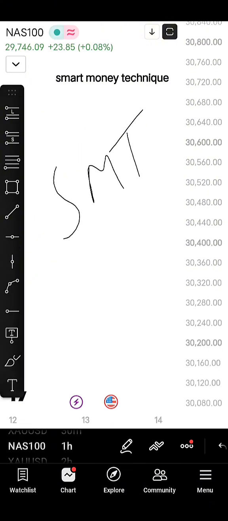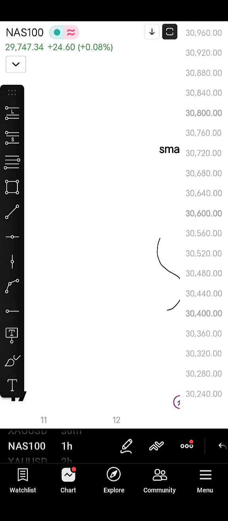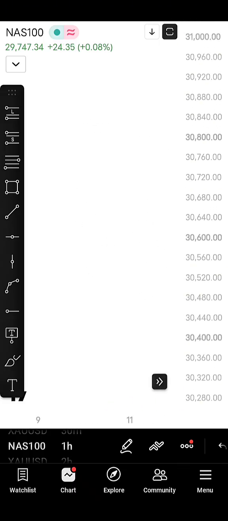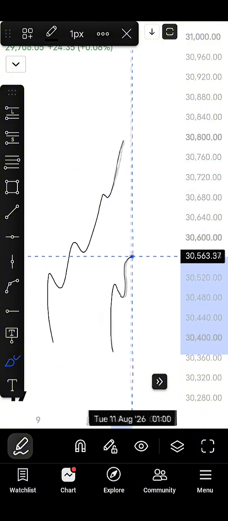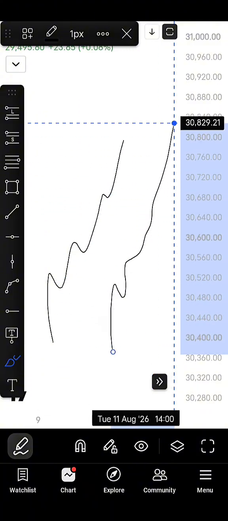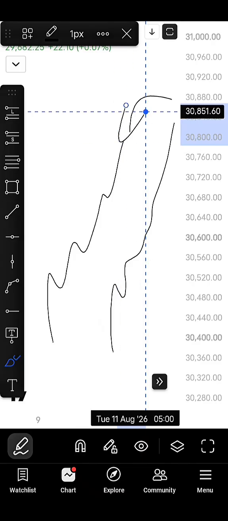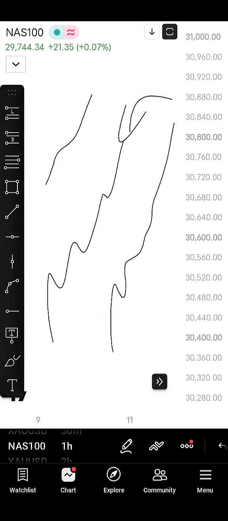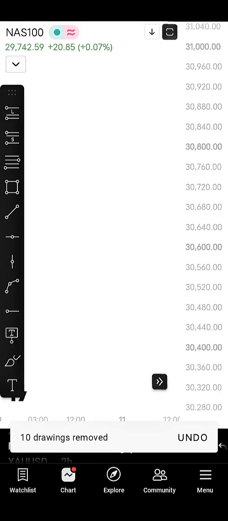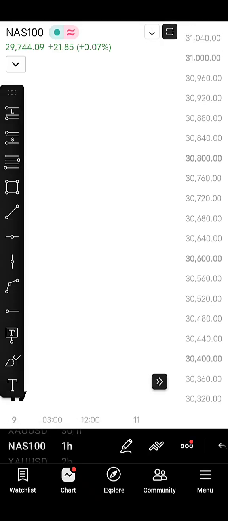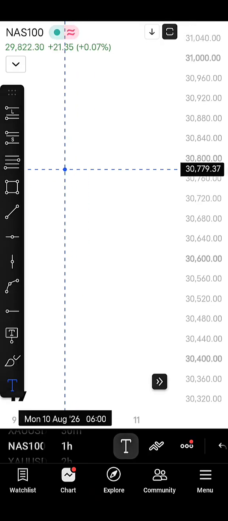Simple. Now, before going to SMT, you have to know about correlated pairs. For example, if one pair is going upward, the other will also go upward, and the second one will create the same structure as the first pair. Both pairs follow each other and make the same structure. So let me remove these drawings and tell you the correlated pairs in this market.